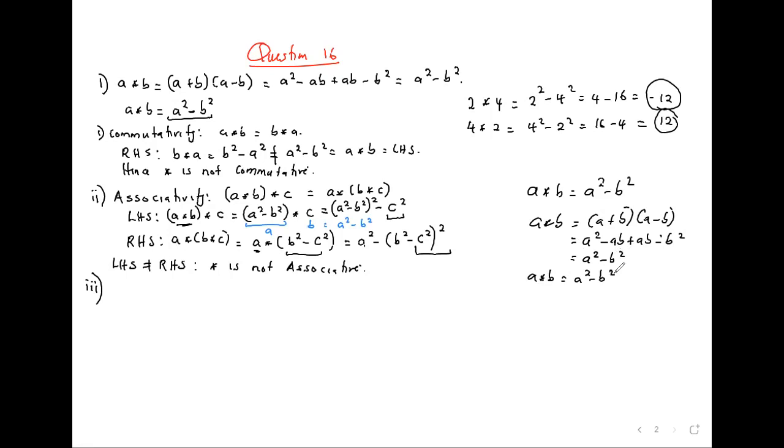This means that if you have 2 star 5, on the right you have 2 squared minus 5 squared by definition. So whatever becomes your A, you square it. Whatever becomes your B, you square it and subtract.